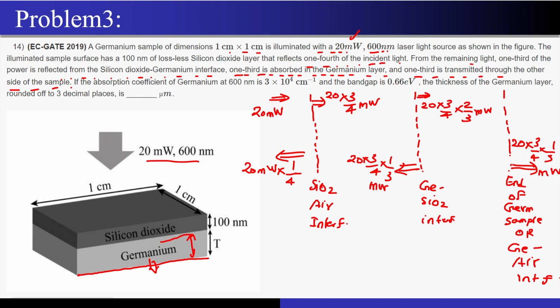Correct? Any doubts till here? Because this was a little bit complicated. If you have any doubts, please let me know, because if this is not clear, then there is no point in taking the question. Is everything clear up to this point? Any doubts?